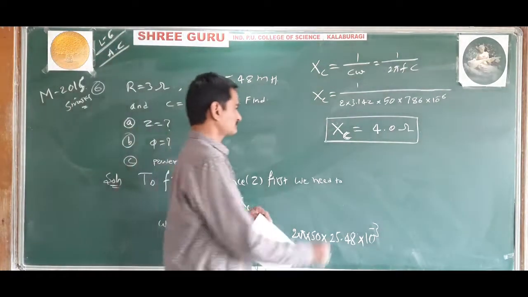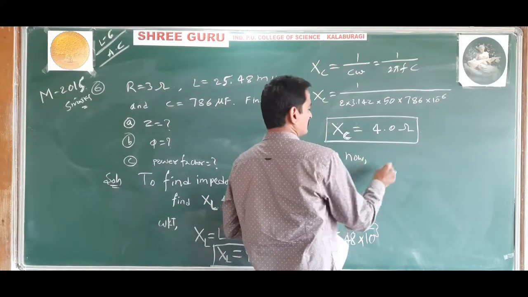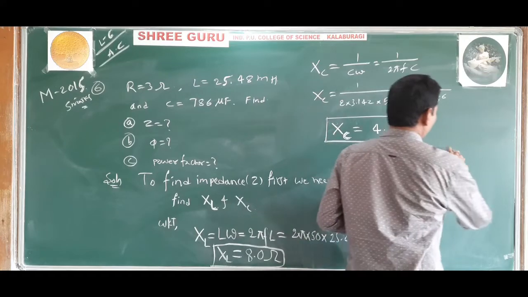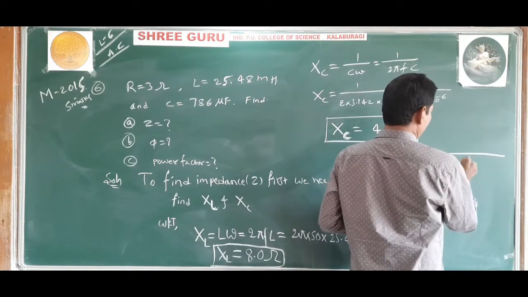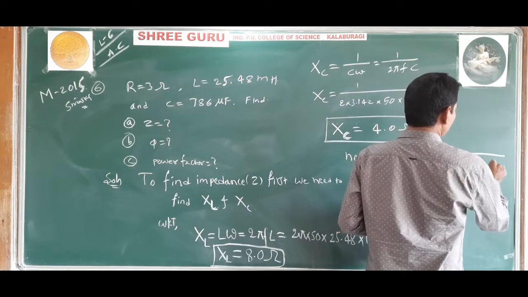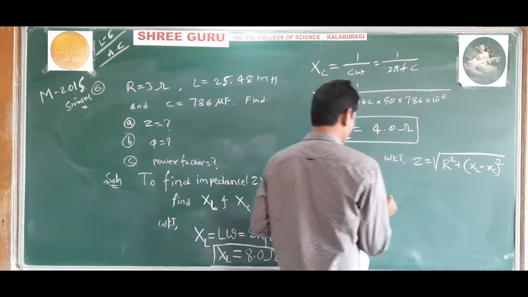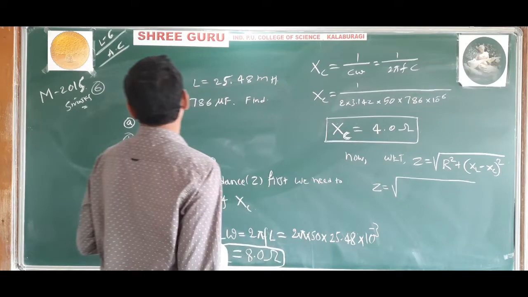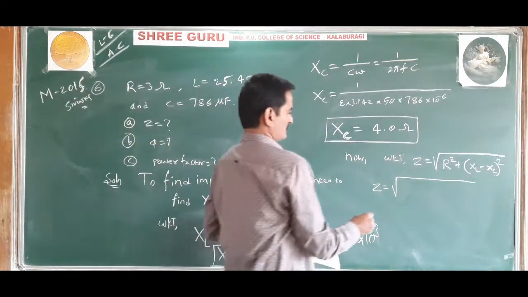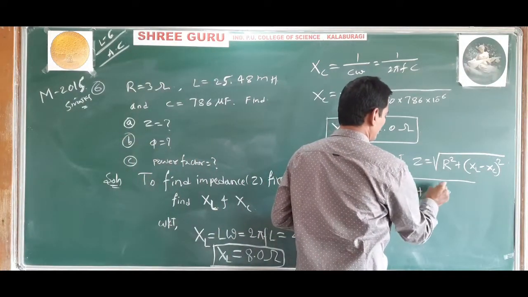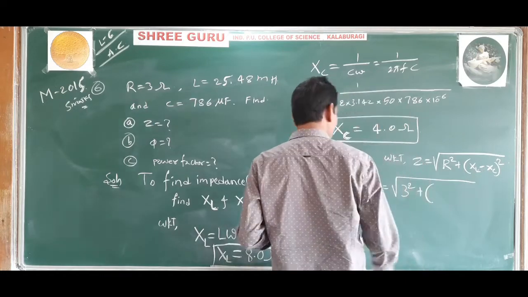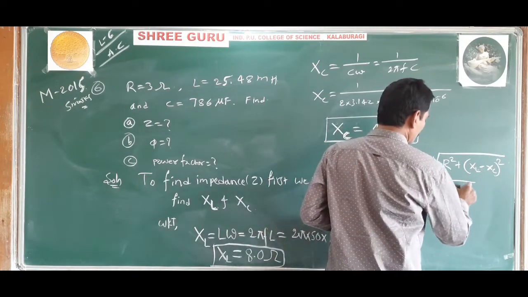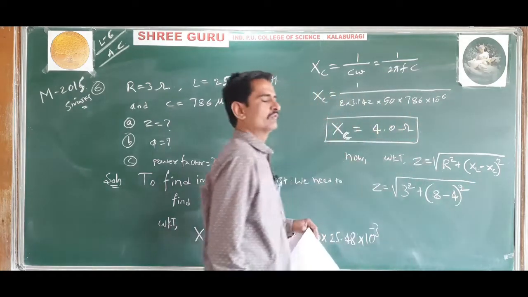Okay. So now we know that Z is equal to under root of R square plus XL minus XC whole square. So therefore Z is equal to under root of R, resistance is given, that is 3, square plus XL we got it as 8 minus XC we got it as 4, whole square. 8 minus 4 square.